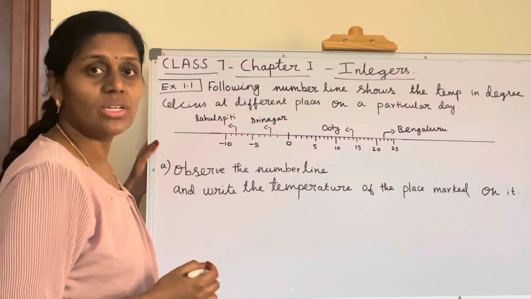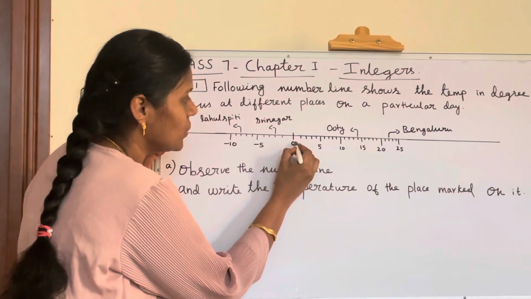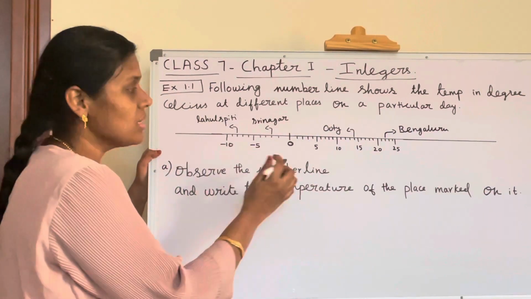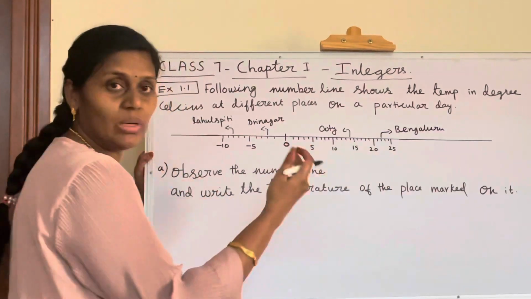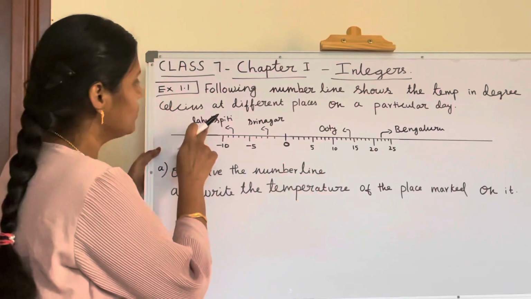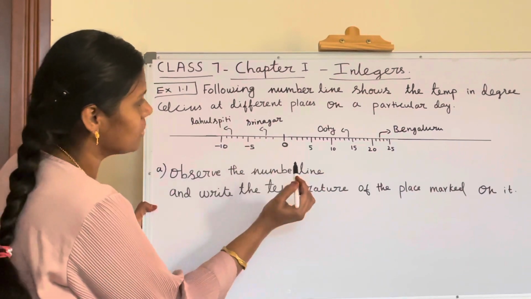You all know children, right? The number line. Here, 0, and the left side of 0 will be negative numbers and the right side of 0 will be positive numbers. Now let's take Lahaul Spiti. What's the temperature?